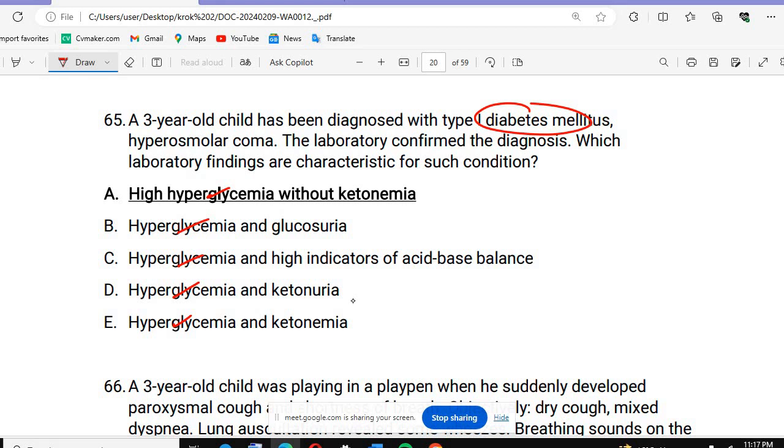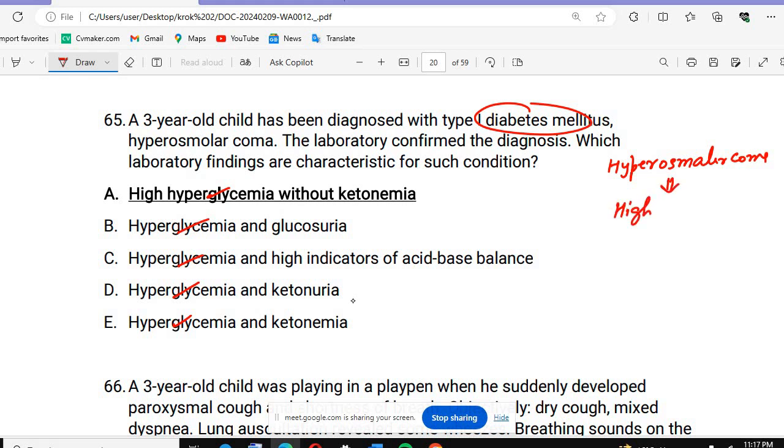Now you can see there is a hyperosmolar coma. What does hyperosmolar coma mean? Osmolarity is increasing, so they have high osmolarity.